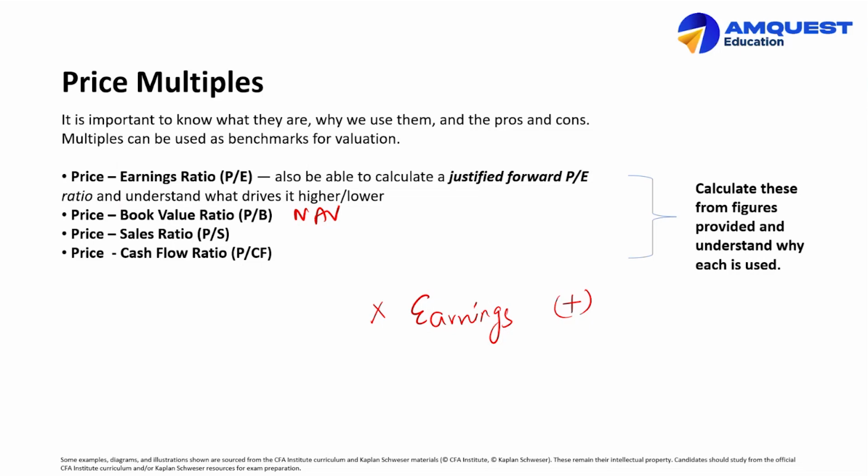Or sales can be manipulated. Different kinds of cost can be raised. So management has good control over how they portray the earnings. So earnings are very manipulative. And if the company is not making profits, it is having losses, the PE ratio cannot be used.